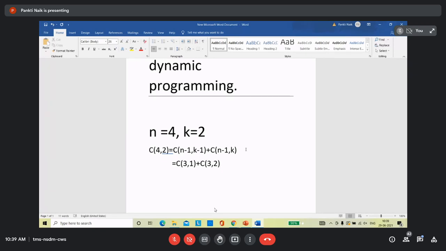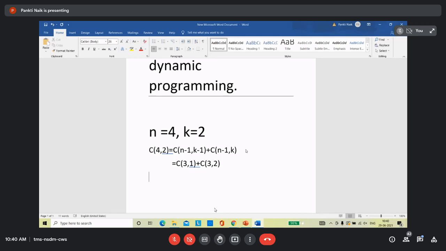So what did we do? We divided our problem, that is C(4, 2), into sub-instances. Which two sub-instances did we divide into? C(3, 1) and C(3, 2). So now the next step is to solve these sub-instances or sub-problems.